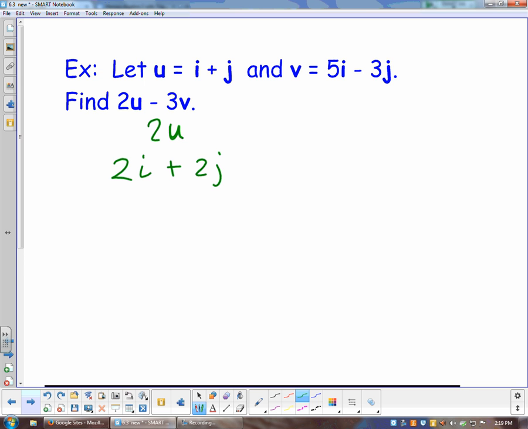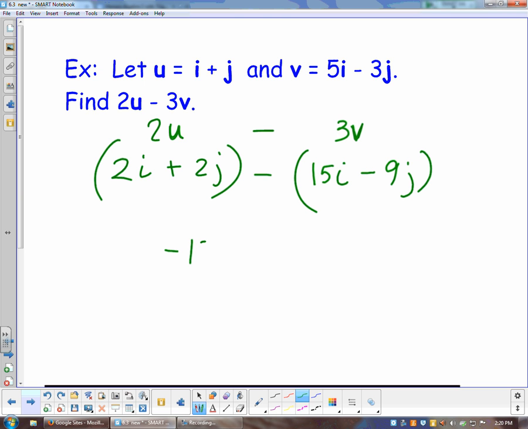And then I want to subtract off a vector 3v, which would be 15i minus 9j, and I want to subtract, so I would end up having negative 13 times my standard unit vector I, and then minus a negative, I would have plus 9, so that's going to be 11j for the standard unit vector j.